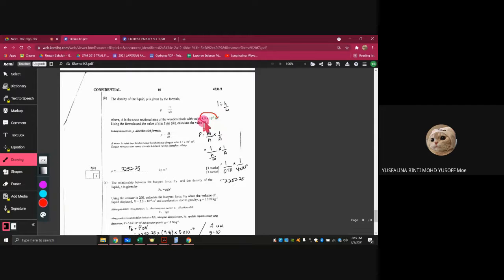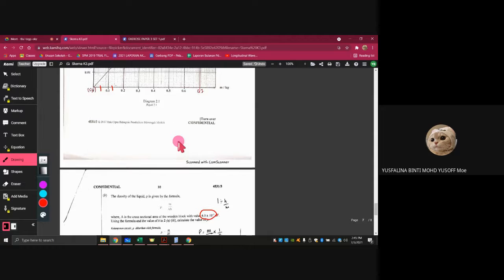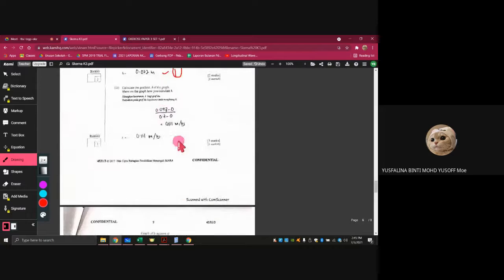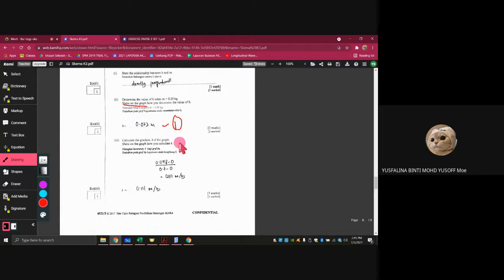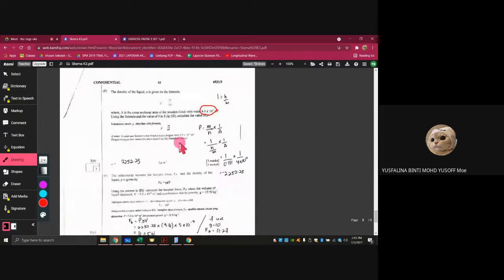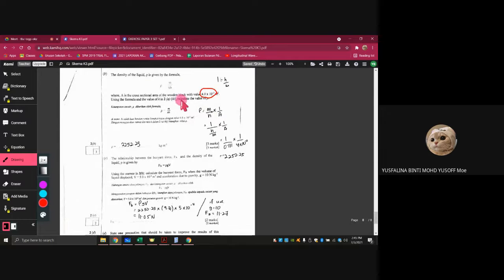Using the formula and the value in 2A2 means you have to use the gradient, 2A3. So you have to use the value of the gradient. How can you find the density? The formula is already given like this.